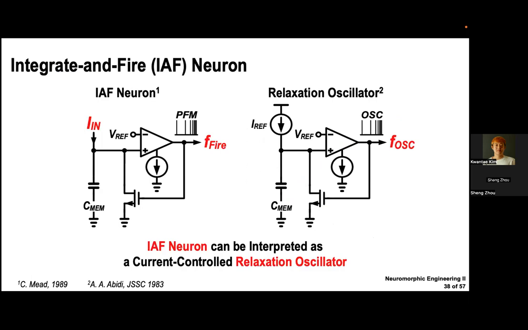If we look at this integrate-and-fire neuron as a relaxation oscillator, then it is very interesting. This relaxation oscillator has also been very widely used in the circuit society. A relaxation oscillator also has a Laplace current and the capacitor, continuous-time comparator, and reset switch. So what I want to say is the integrate-and-fire neuron can be interpreted as a current-controlled relaxation oscillator.